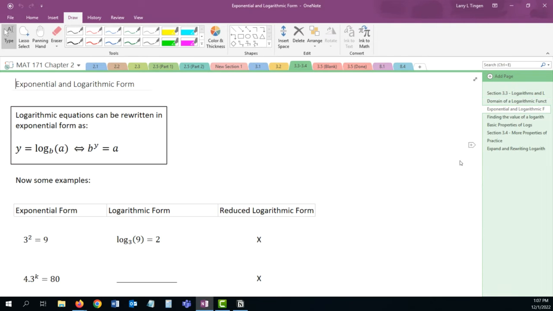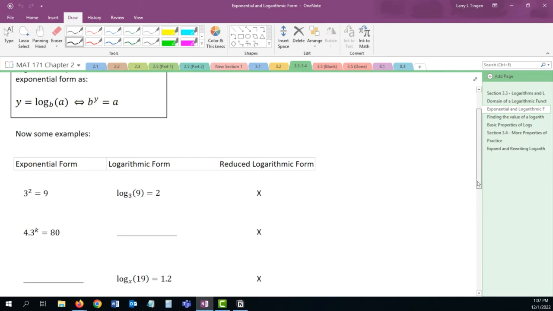All right. Now, a key feature of logs and exponents is that they're inverse functions, and they have an equality. We talked about how log base b of a equals y literally means what power do I raise b to get a. So that means I can go between exponential form and logarithmic form.